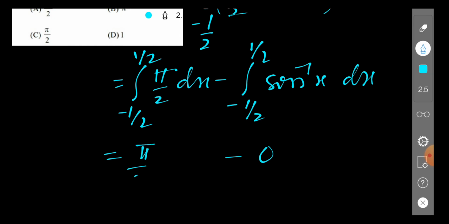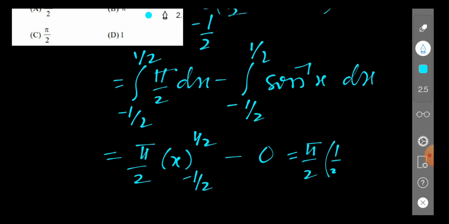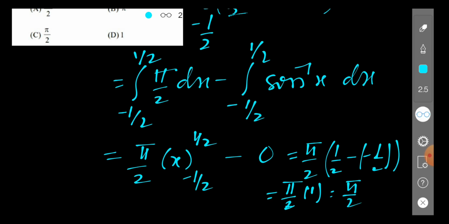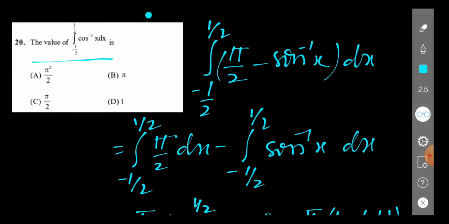Next here pi by 2, integration of 1 is x. Upper limit and lower limit we have to substitute here. So pi by 2 into upper limit minus lower limit, that is nothing but pi by 2 into 1, that is pi by 2. So correct option is C.